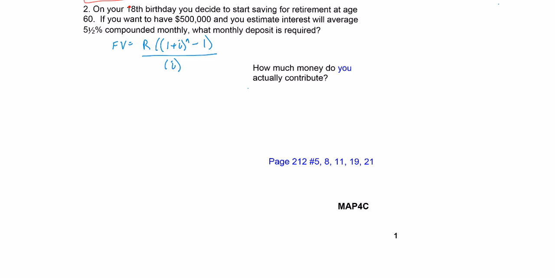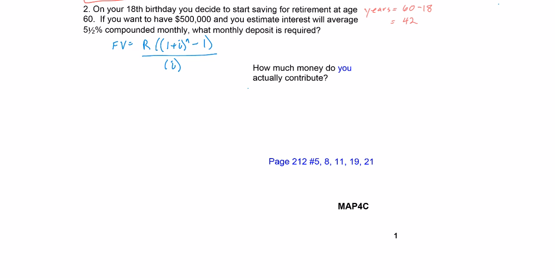It says on our 18th birthday we're going to 60. So the number of years is equal to 60, which is our last year, minus our first year, which is 18.